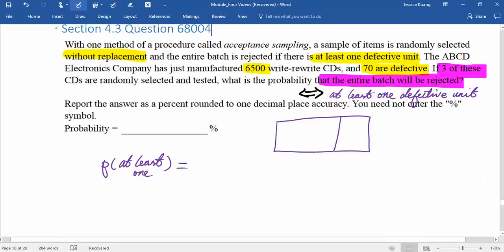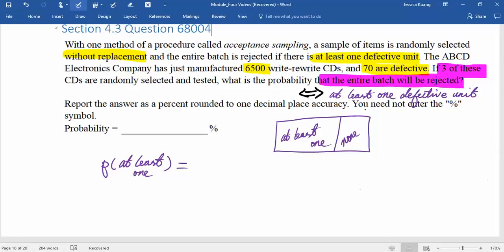Here we have the case that at least one is defective. The opposite of that is none of them are defective. And we know that when we take the test, one or the other will happen. Either none of them are defective or at least one is defective.